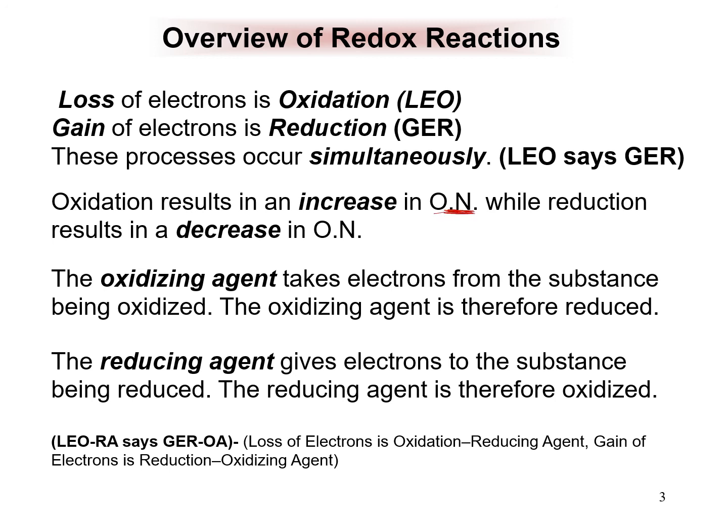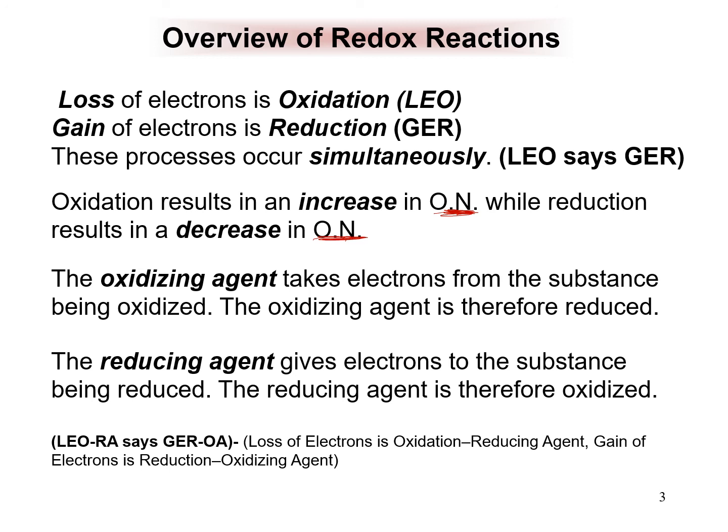What you see right here, ON, is the oxidation number. Oxidation always results in an increase in the oxidation number, while reduction always results in a decrease in oxidation number. So that's easy to remember.